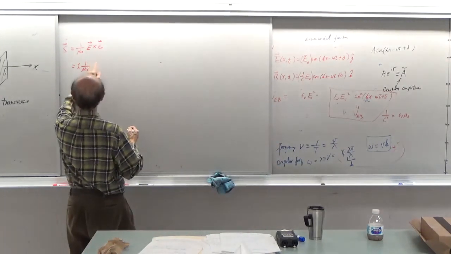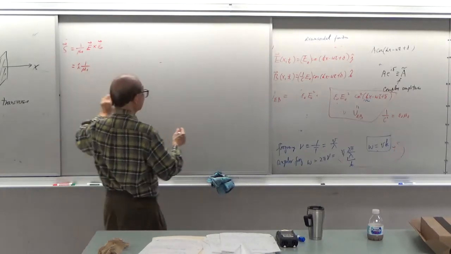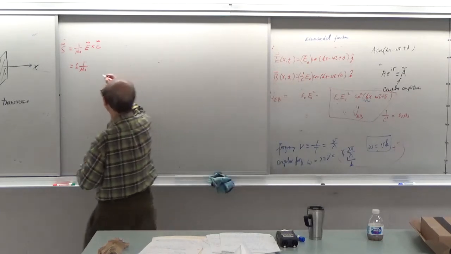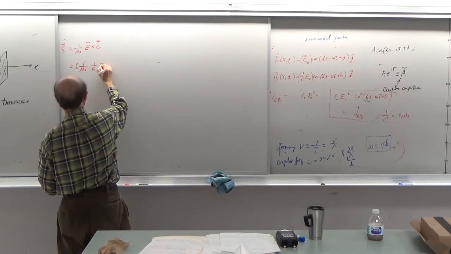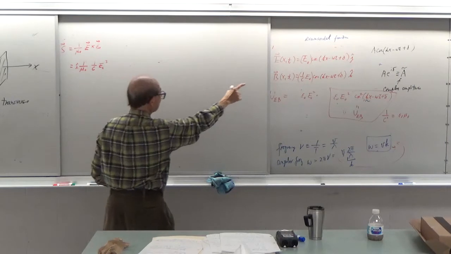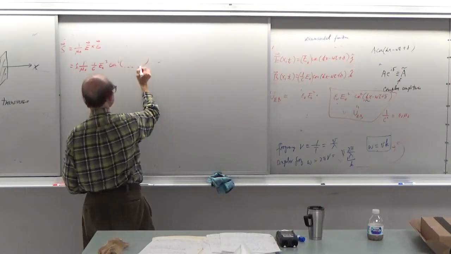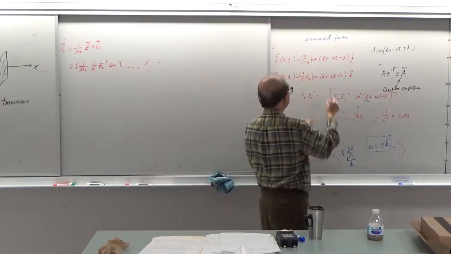E cross B, the cross product is given here already, direction. So I now have this times that, so it's given by 1 over c epsilon naught squared, then cosine squared of that. Let me just use dot dot dot.